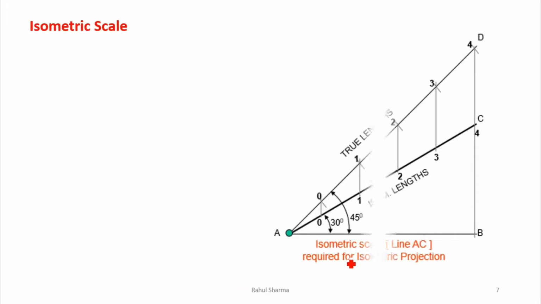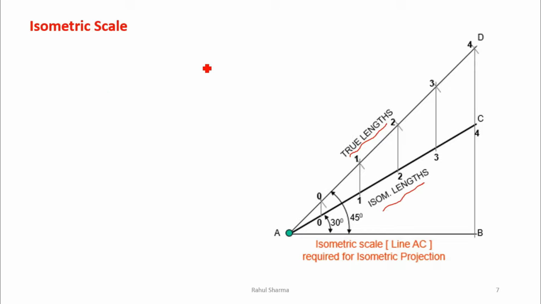Now the isometric scale. What is the isometric scale? Actually, this is a scale which helps you graphically convert the value into isometric length. Whatever the actual or true length is, we have to convert it into isometric length.